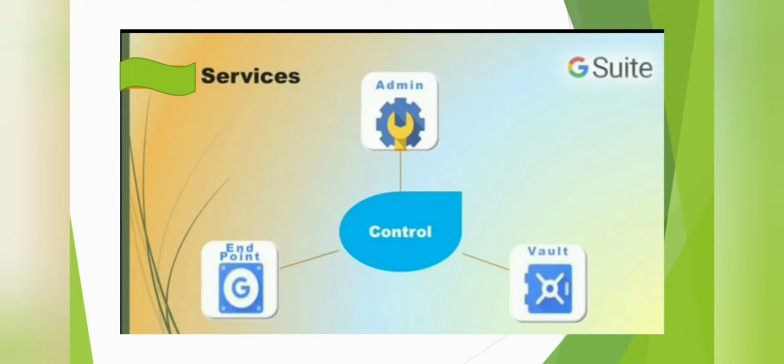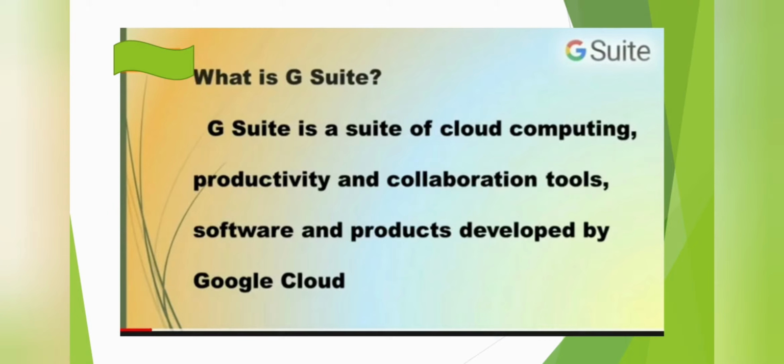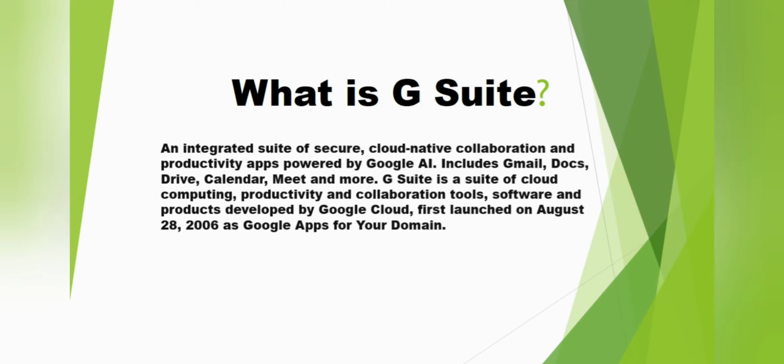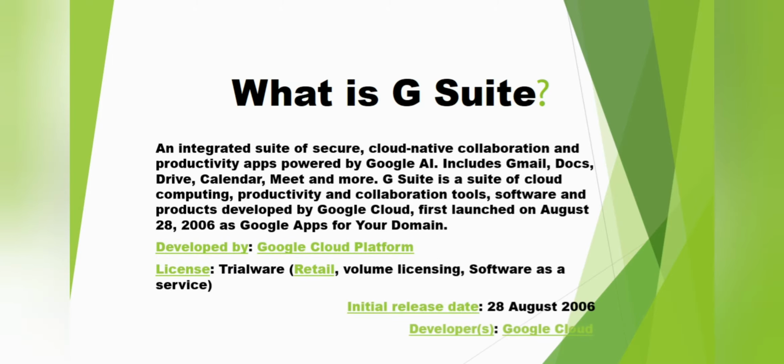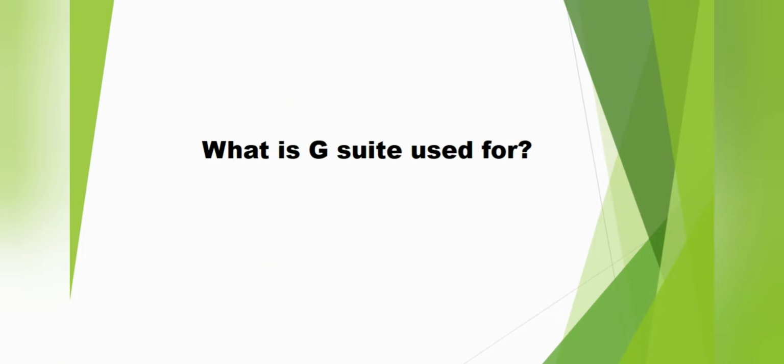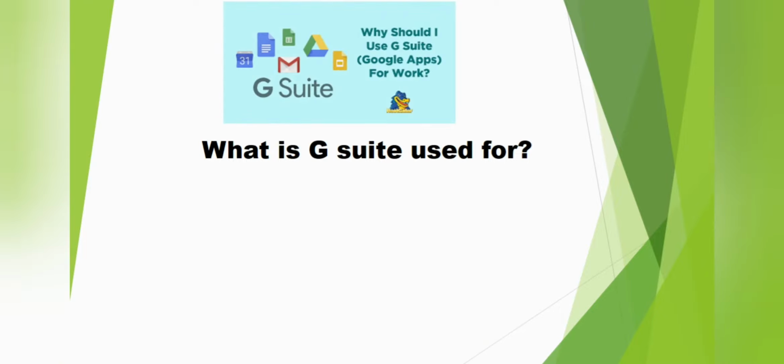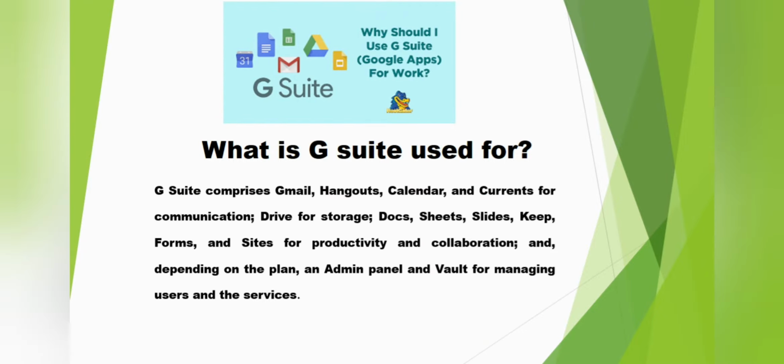Okay, so developed by Google itself. The developer is Google Cloud and the parent company is Google itself. These are all the details about our Google Suite or Gsuite. Okay, so Gsuite was formerly known as Google Apps.